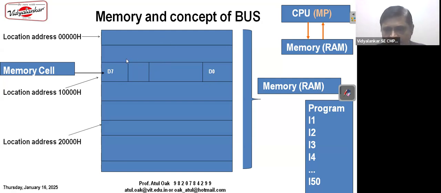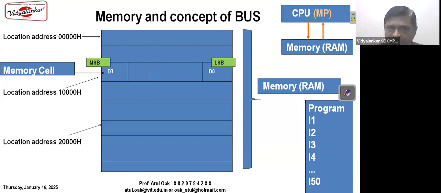D7 is called MSB and D0 is called LSB, most significant bit, least significant bit. So what you read is 1 byte. This you will read via data bus. So data bus carries actual instructions, actual data between memory and processor or processor and IO devices.